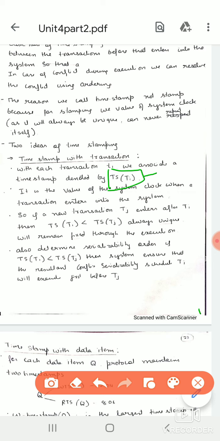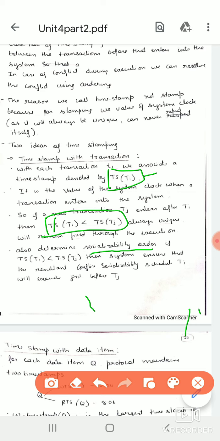If a new transaction Tj enters after Ti, then TS(Ti) is less than TS(Tj). If there are two transactions, whichever comes first will have a smaller time than the second one. This is also unique, and based on this ordering only, the instructions are executed. It also determines the serializability order, because we are going to run the instructions in sequence, one after the other.